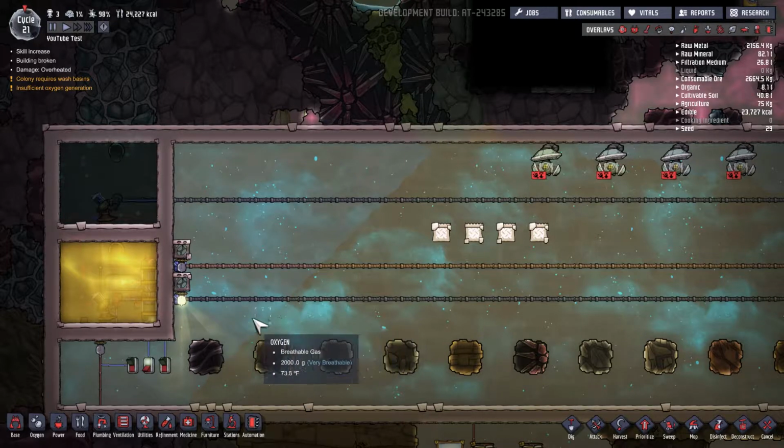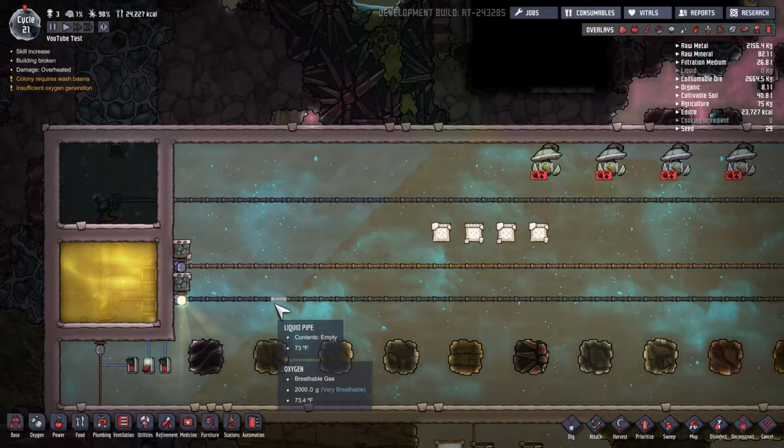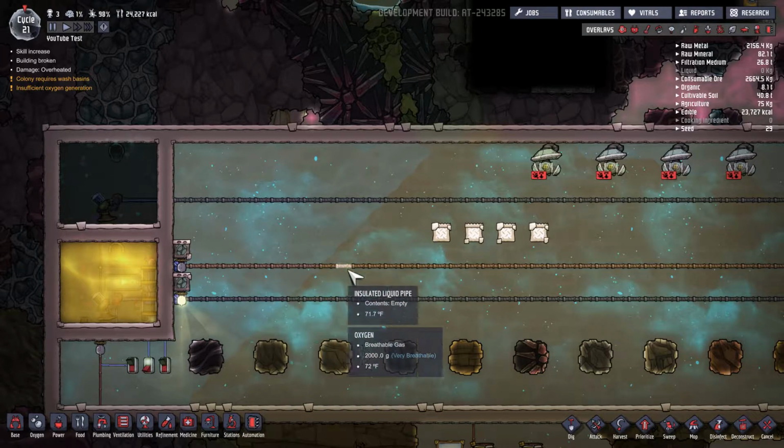Each of the pipes corresponds with the material that's listed below. For instance, this liquid pipe is made from obsidian, igneous rock here. And I also have the same thing for insulated pipes.